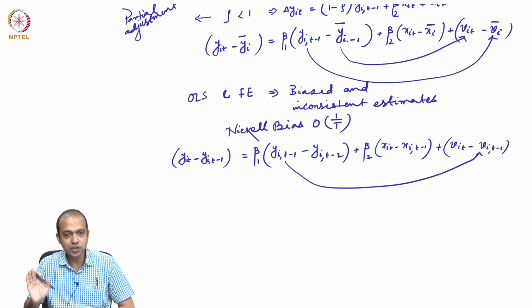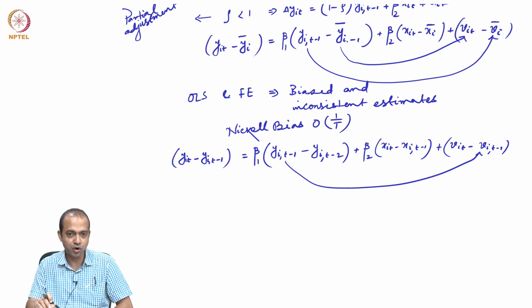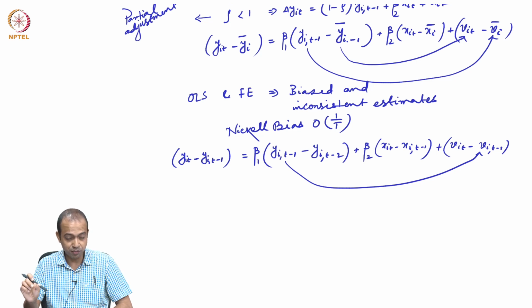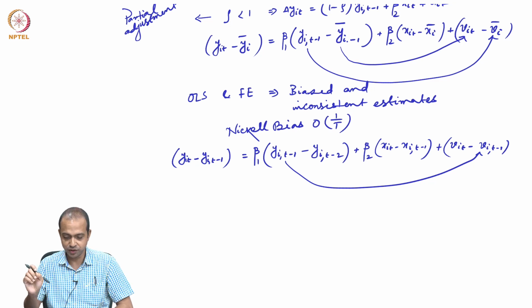Now, that much we have discussed in our previous discussion. So what is the solution then? The standard solution is the utilization of instruments. As we all know, to solve the endogeneity problem, when some of your explanatory variables are correlated with the error term, the solution is to use an instrument.